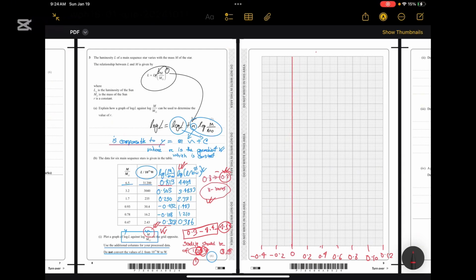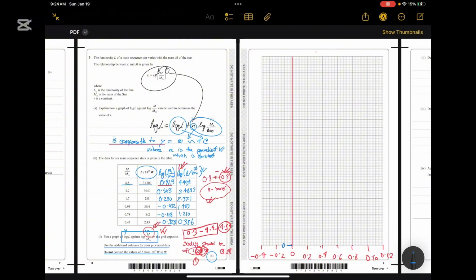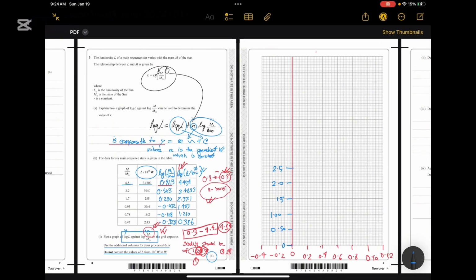This is our y-axis, from where this is our 0, this is 0.50, 1.00, 1.5, 2, 2.5, 3.0, 3.5, 4, 4.5 and 5.0.